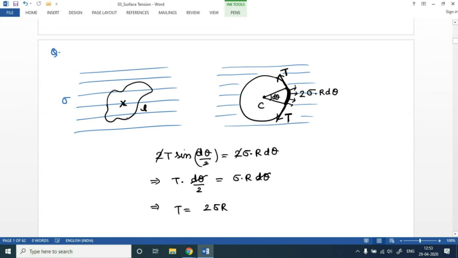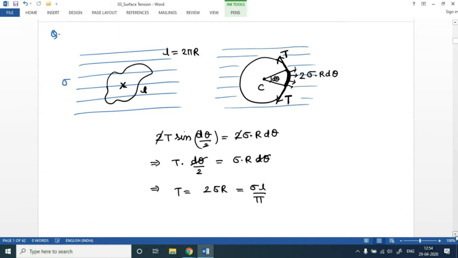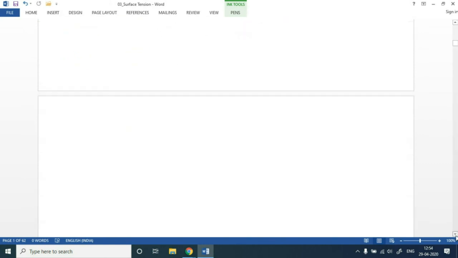The length of this thread is L, which is the length of the circumference, so L is nothing but 2 pi r. So r is nothing but L by 2 pi. So sigma L by pi would be your answer. Okay, so that's one of the questions. Let's take a few more questions based on force.